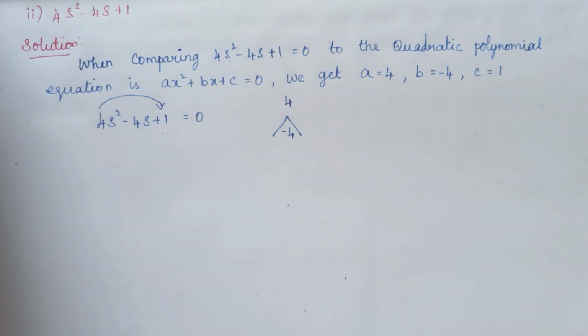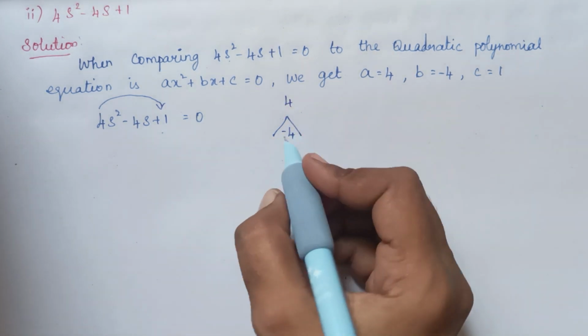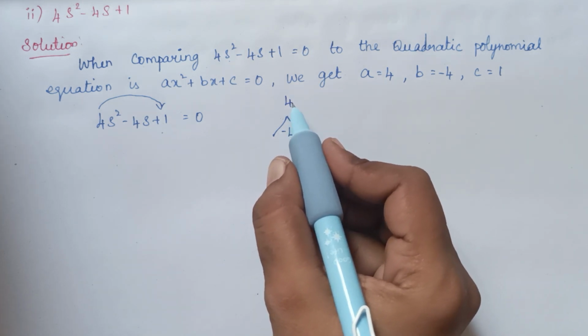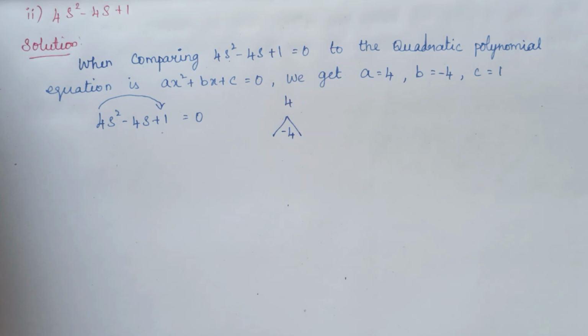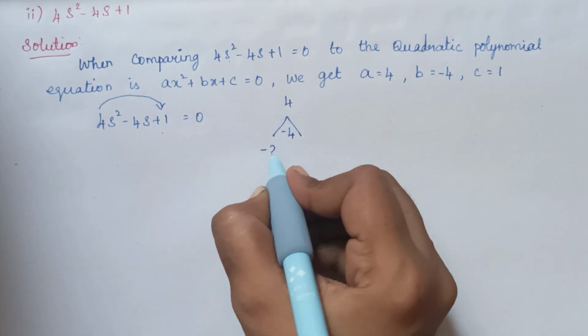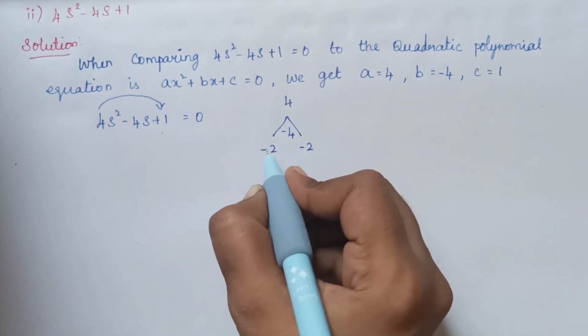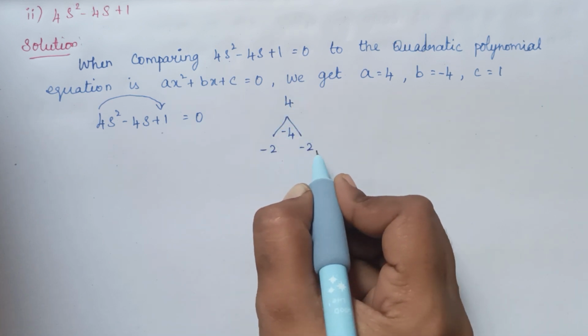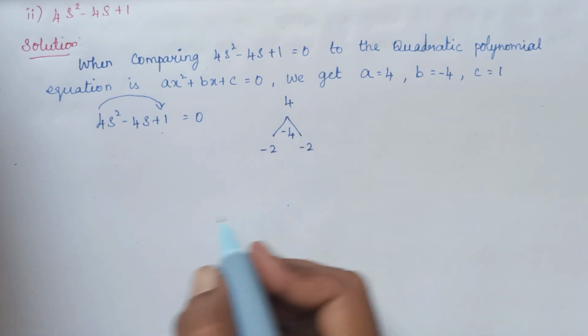Now if we add, we should get minus 4, and if we multiply, we should get plus 4. So minus 2 into minus 2, minus into minus is plus, 2 twos are 4. Next, minus 2 plus minus 2 is equal to minus 4. We got the answer, right?